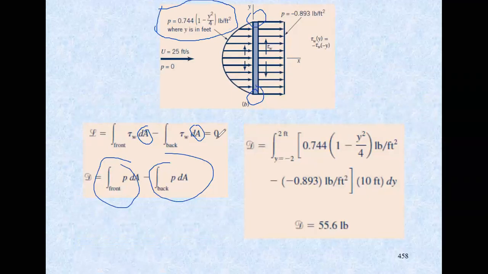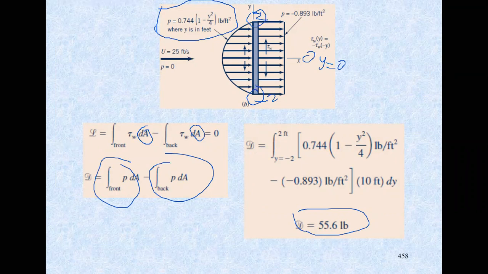So we just substitute the pressure distribution into our equations from -2 to 2 feet. If we take this as y equal to 0, then you have -2 and you have 2 over here. If we include that, we have 55.6 pounds as our drag.